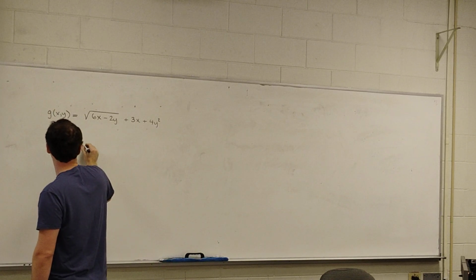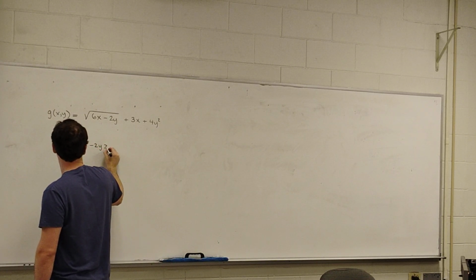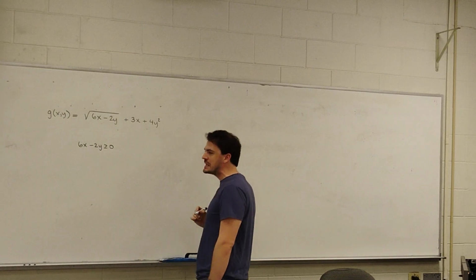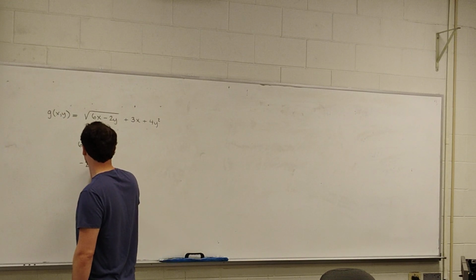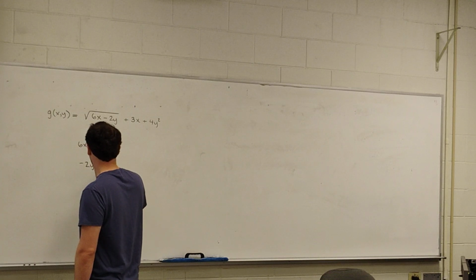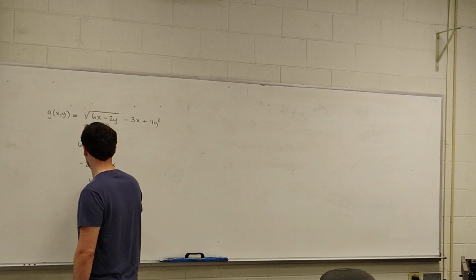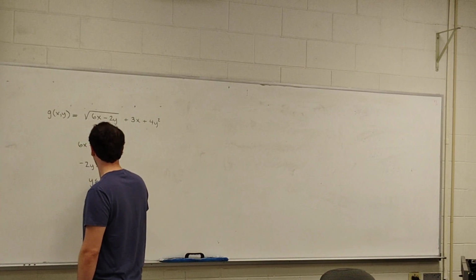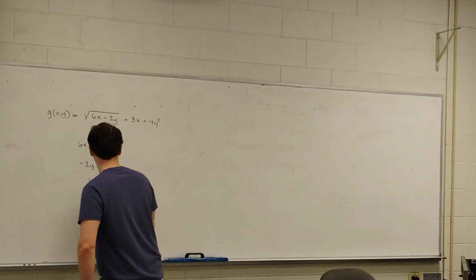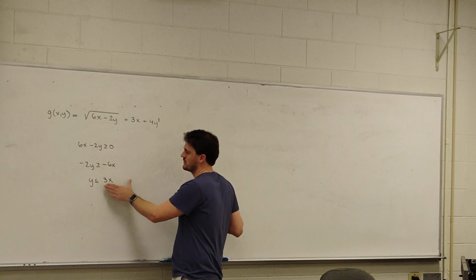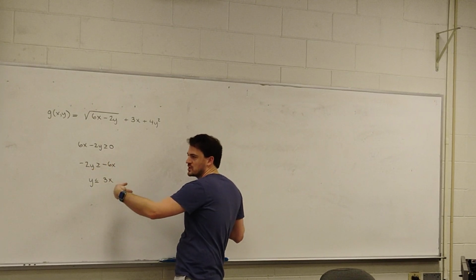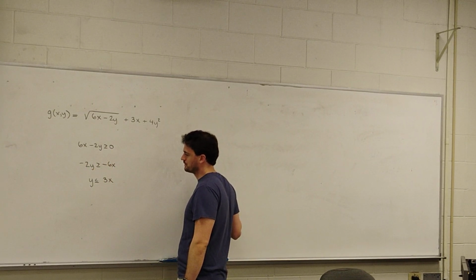So for square roots, I'm going to set whatever's in the square root greater than or equal to 0. I'm going to solve for y again. Again, just be super careful. If you divide by a negative, the direction of the inequality changes.